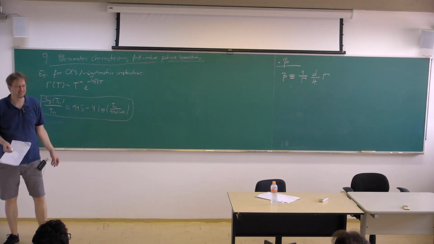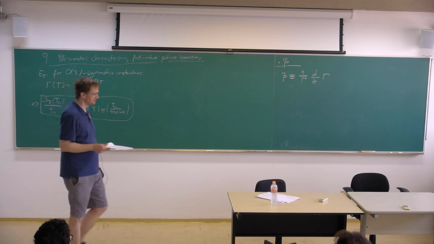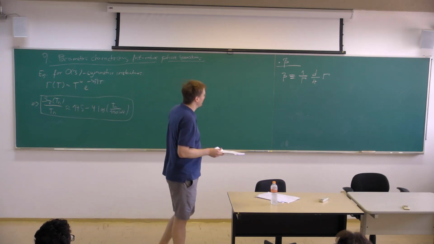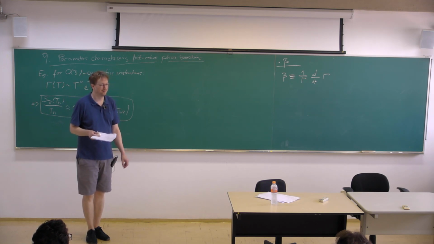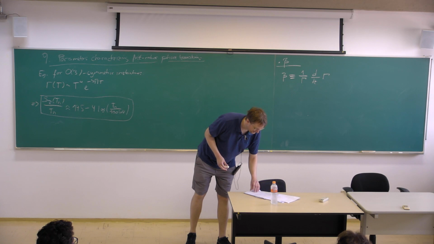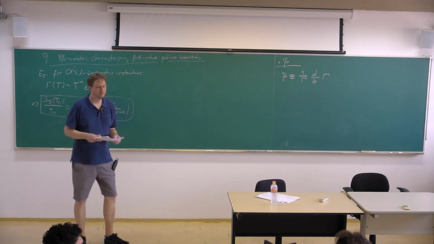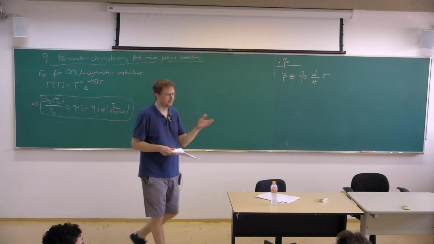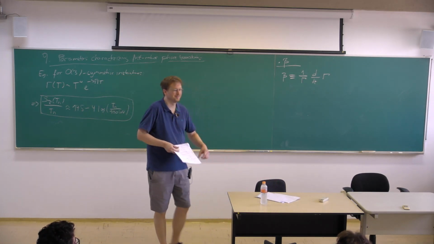I didn't come up with this. Don't get confused: beta is in some parts of the lecture 1 over t, and now it's d gamma dt over gamma. It has the same dimension, so in that sense it's consistent.